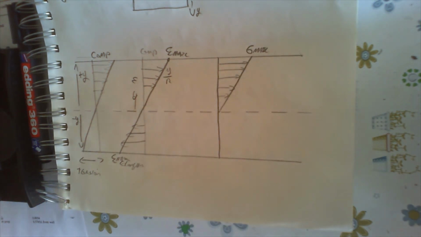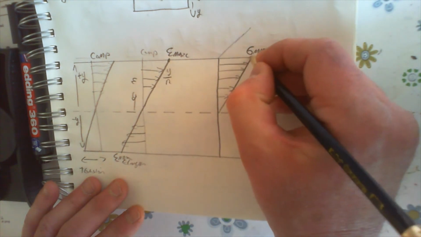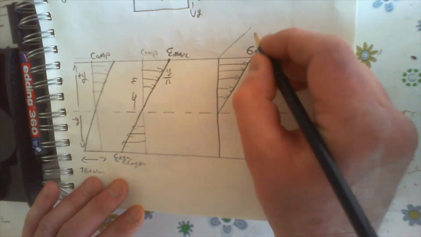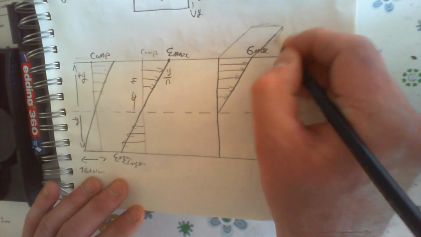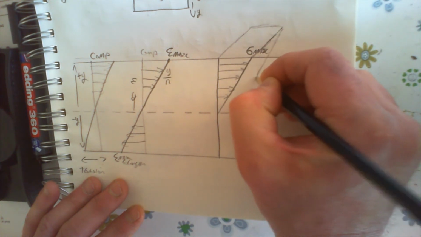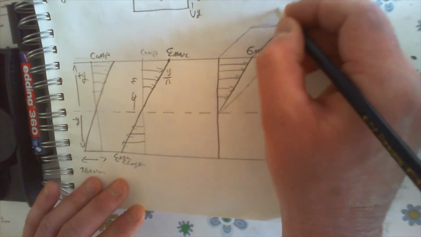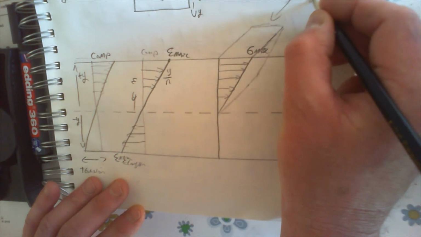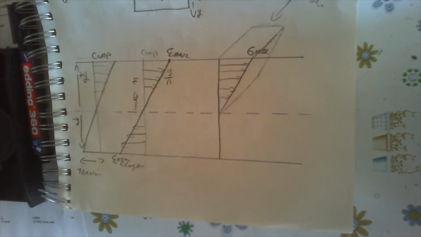Now, what you have to remember as well, this is a 3D beam, so it has a width, and if you can imagine it, it's like a wedge of force, because this is a volume. You could see that as a force wedge, I suppose.